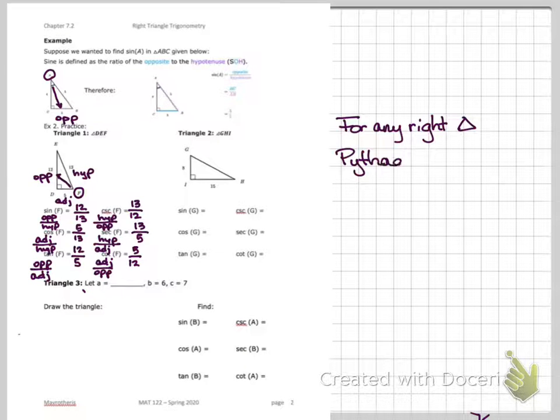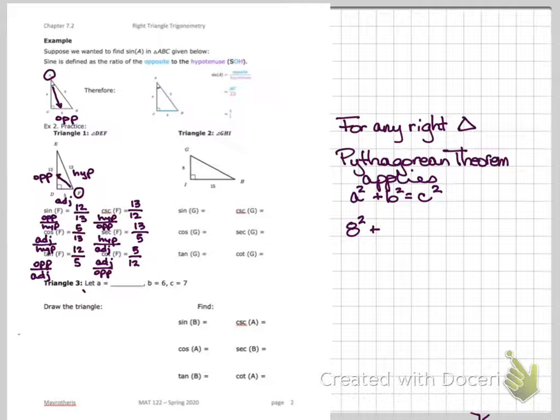So the Pythagorean theorem applies, which says that the sum of the squares of the 2 sides equals the square of the hypotenuse. Basically, we're going to take the length of the sides and square those. And we can use that to solve for C.